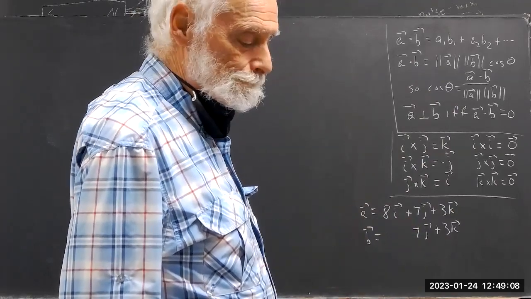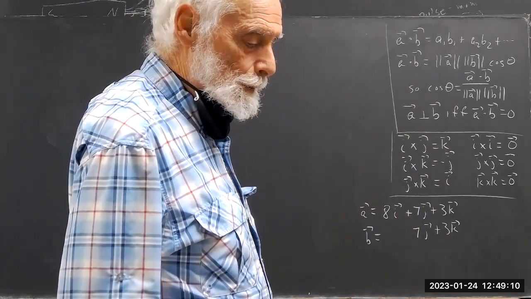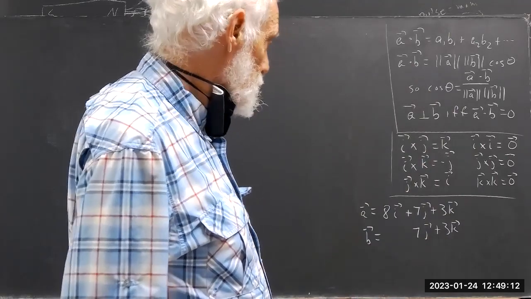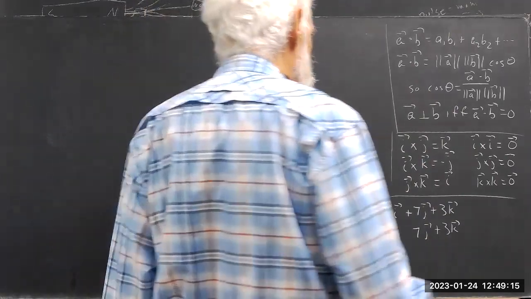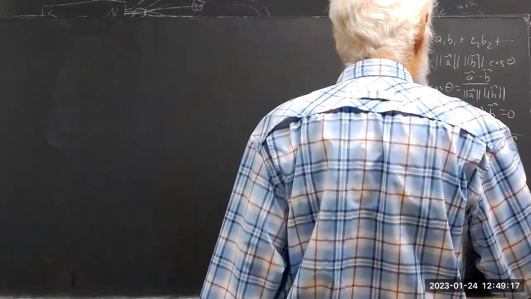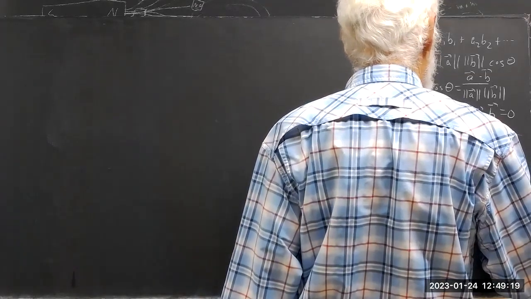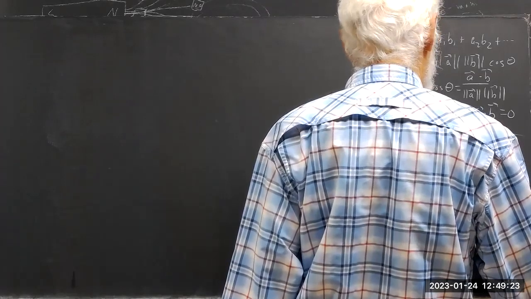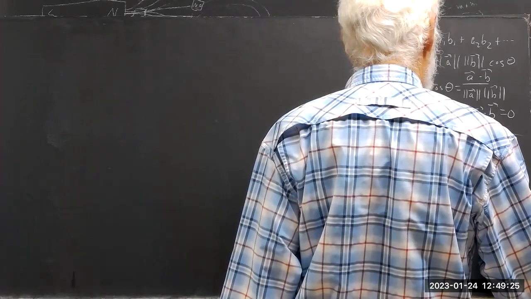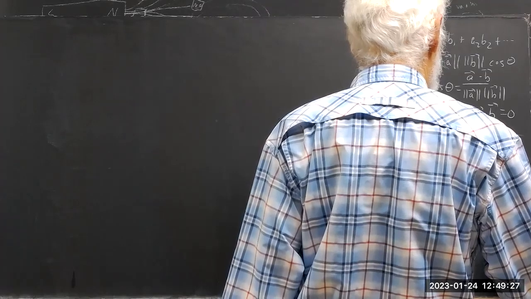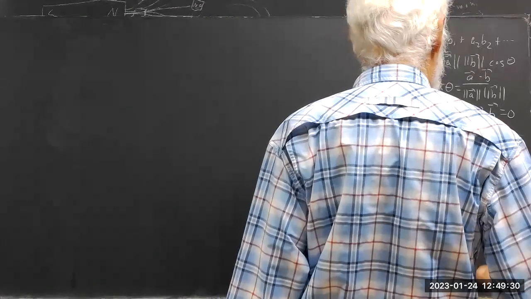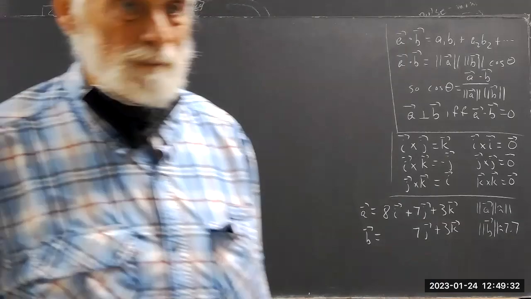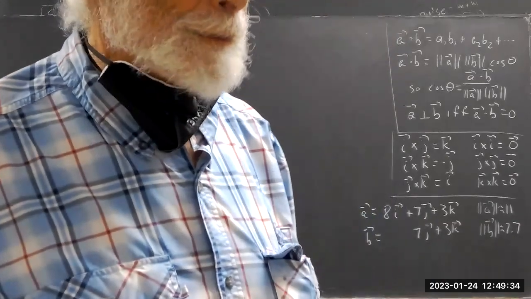And this one is square root of 58, square root of 122. So the magnitude of A is pretty close to 11. Magnitude of B maybe 7.7. Just for ballpark.